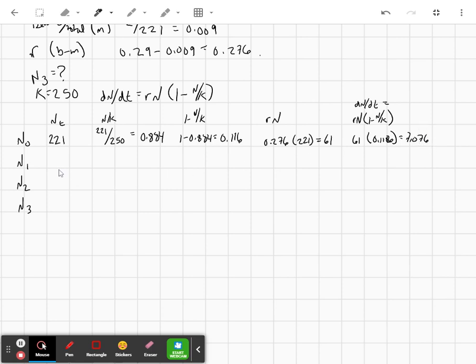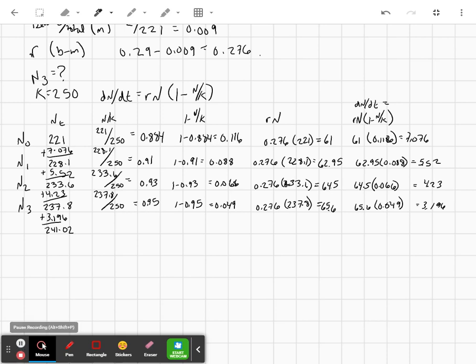So to get N1, I will add that value. So 221 plus 7.076 will get us our next population size, which is 228.1 if we round.